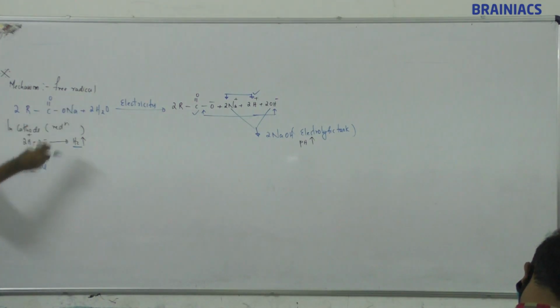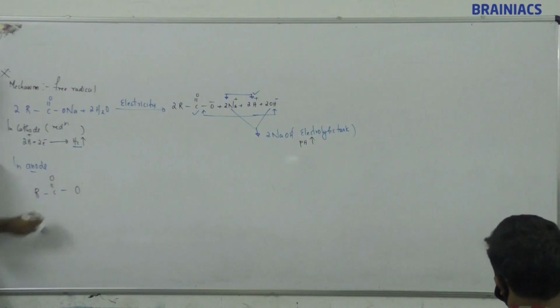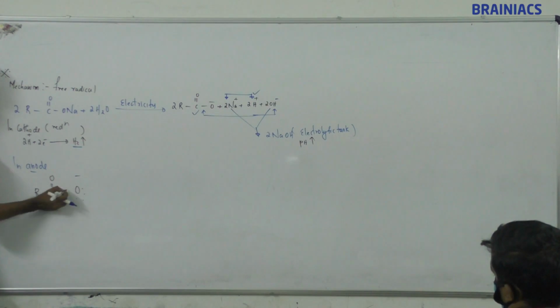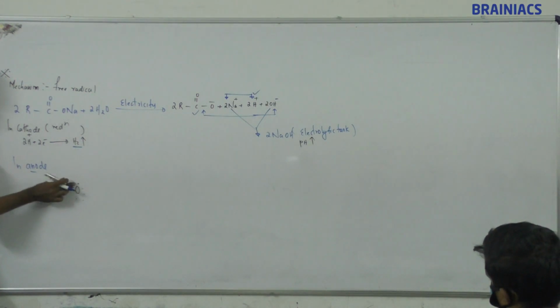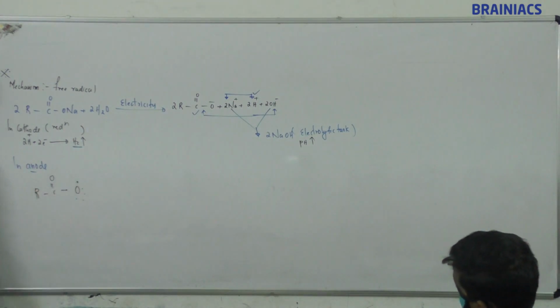Now the reaction at the anode. The ion which goes to the anode is RCOO minus. Listen here. Let's have a look at the 6 electrons of oxygen: 1, 2, 3, 4, 5, 6, which means the valence electrons of oxygen.